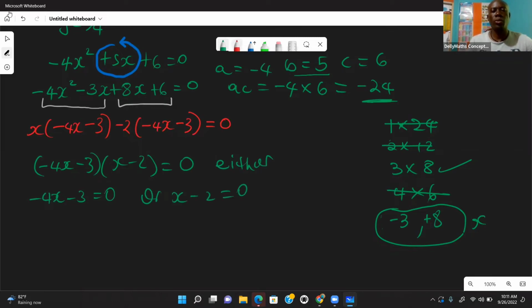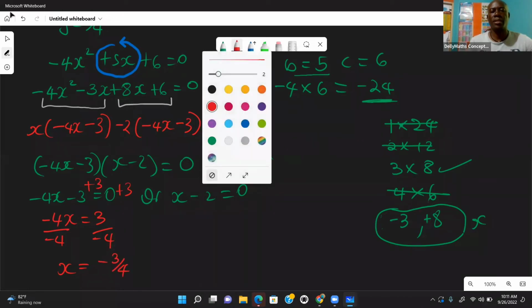Now, what we can do here is simply add 3 to both sides. So then negative 4x is equal to 3. We're going to divide by negative 4, balance the equation there. So one of the answers should be negative 3/4. Now let's go for the other answer.